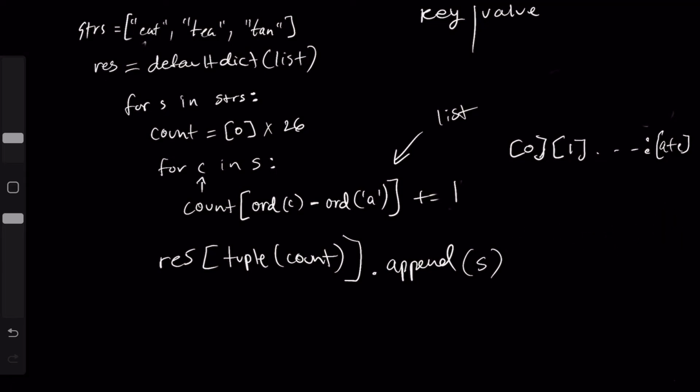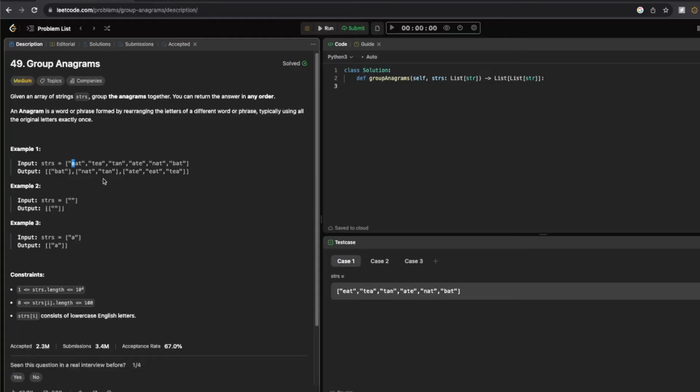So now let's try to type it up so it makes better sense. We're going to start by setting res equal to a default dictionary of list. So if there is no key value, then you just have an empty list.